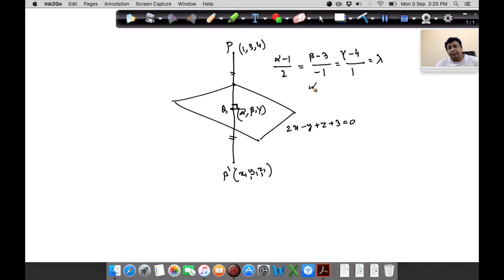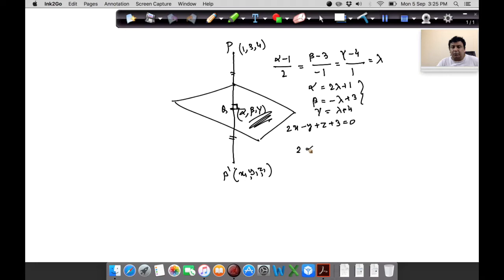So we'll find alpha as 2 lambda plus 1, beta as minus lambda plus 3 and gamma as lambda plus 4.